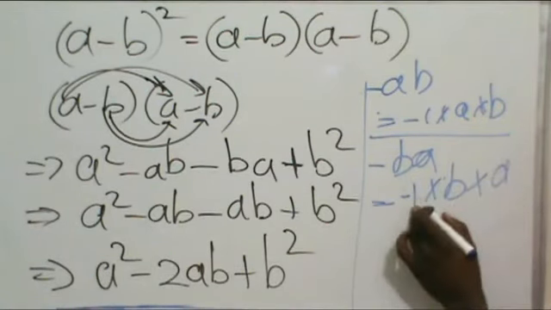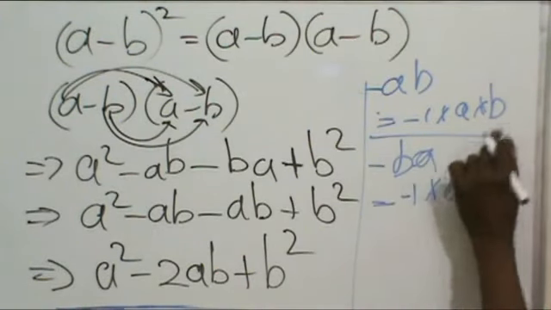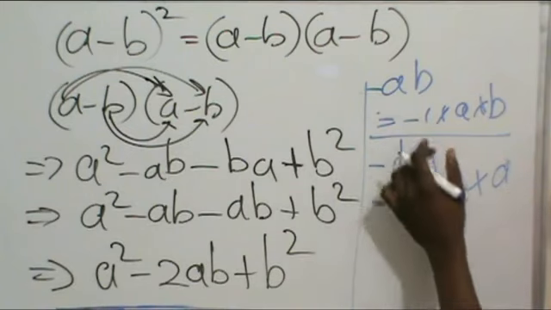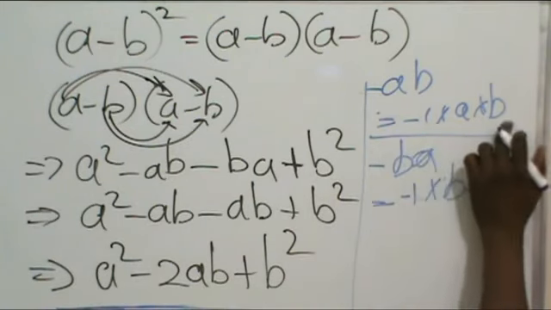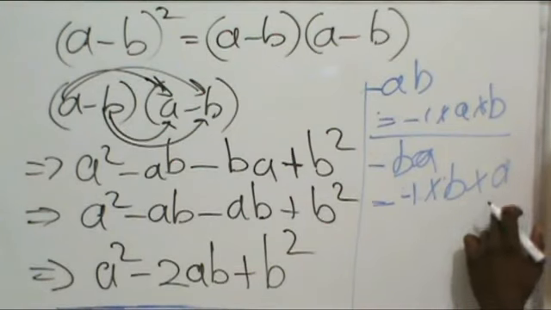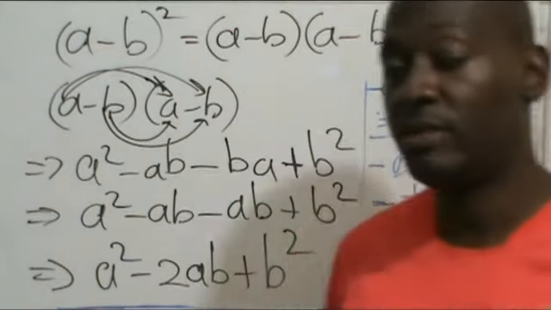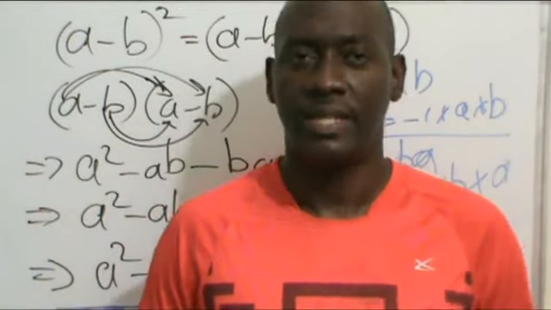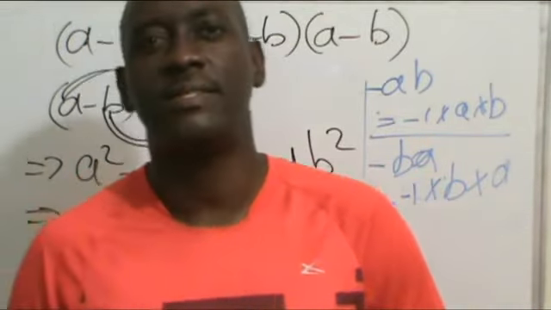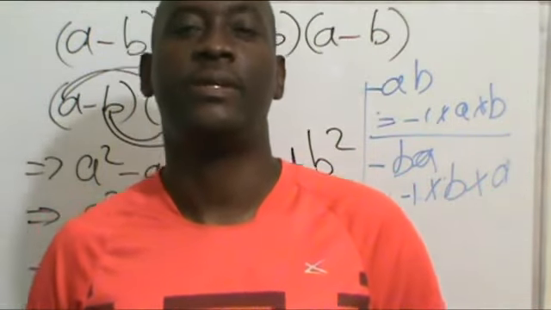This minus 1 here is the same as this minus 1 here. And if we establish that ab is the same as ba, then minus 1 by a by b will be the same as minus 1 by b by a. So therefore minus ab will be the same as minus ba. So don't be confused by the minus signs. We can understand that ab is the same thing as ba; we don't have any minus signs to contend with.